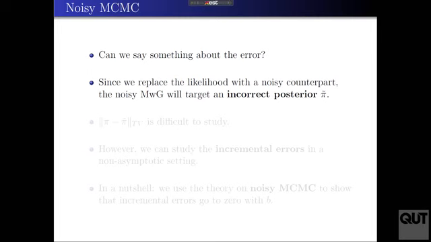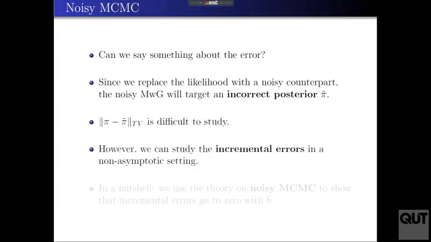This pi tilde is not the one we're interested in. We need to quantify the distance, in this case a total variation distance, between the correct pi and the approximate pi. But in practice, this is quite difficult to study, so we decided to work with something else.